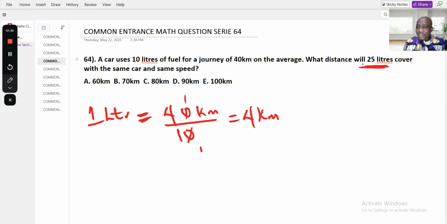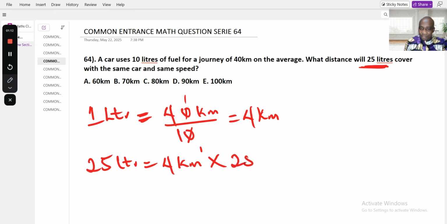For 25 liters, it means that it's going to cover what? It's going to be 4 kilometers for 1 liter of fuel multiplied by 25 liters.